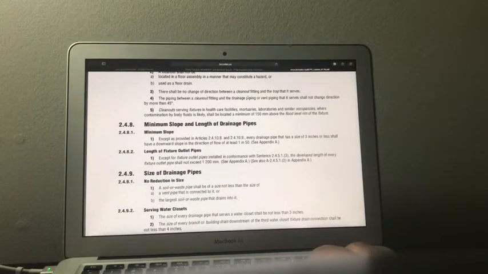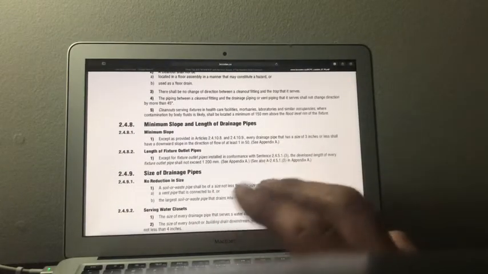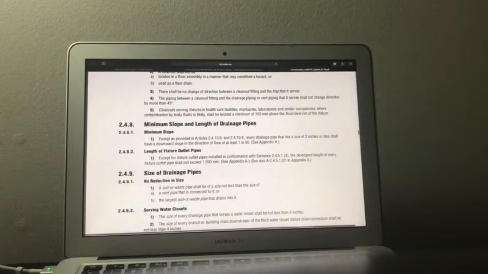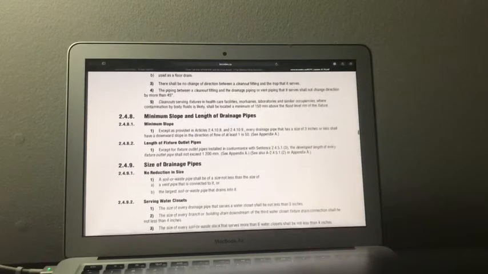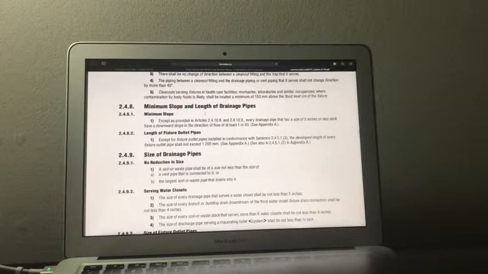So that's kind of normal behavior, just some guidelines for what's practiced out there. We don't put a clean out every 90 in the parkade.